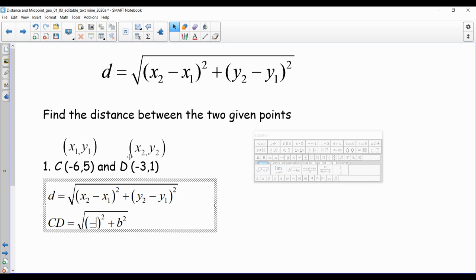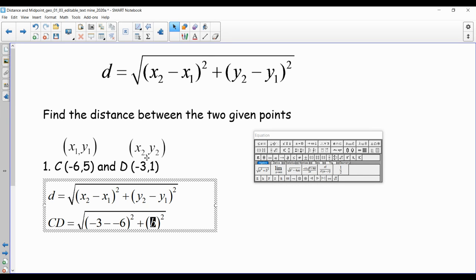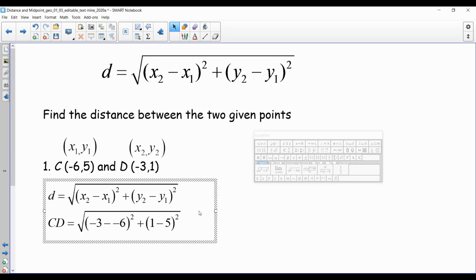Negative 3 minus, be careful here, negative 6. Plus, what's the difference of my y's? Be careful. I started here, I want to always start here for both pieces. So 1 minus 5 squared. Enter.